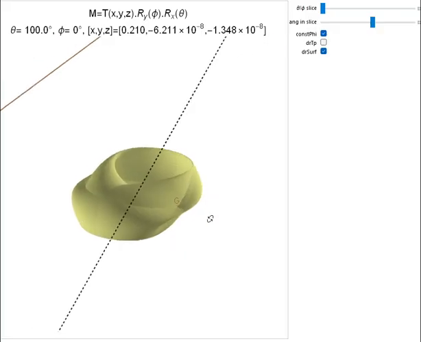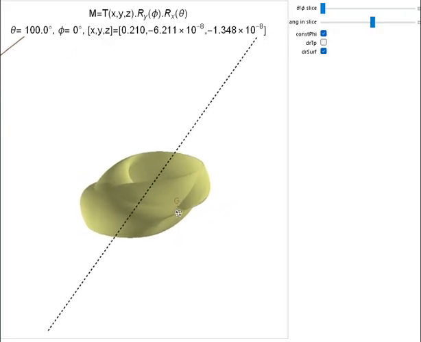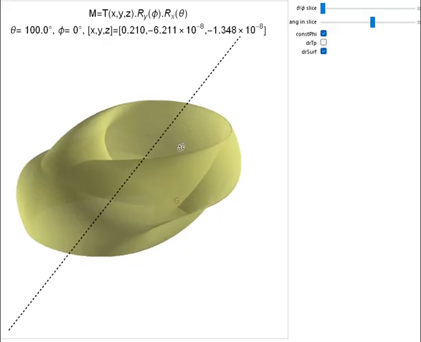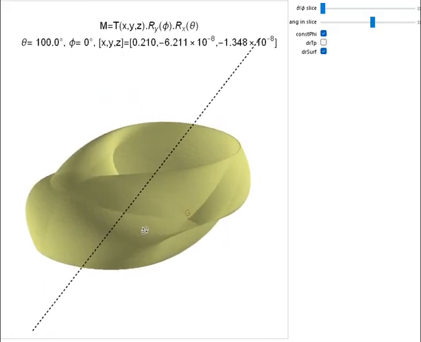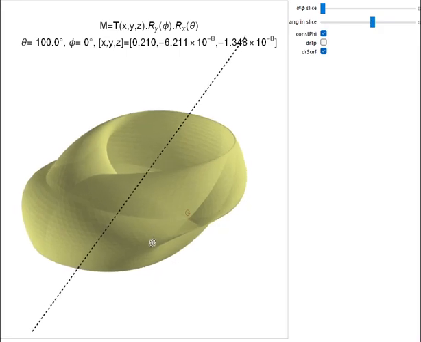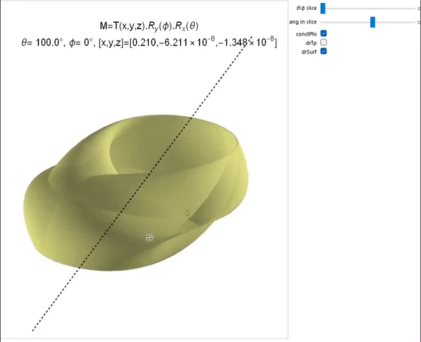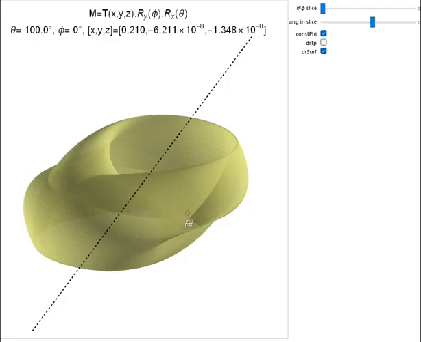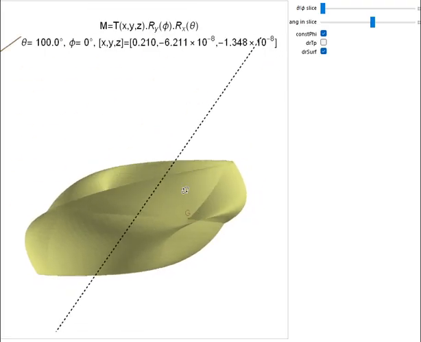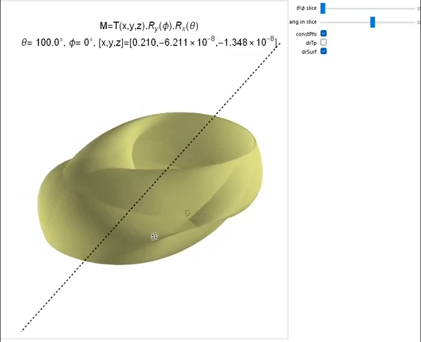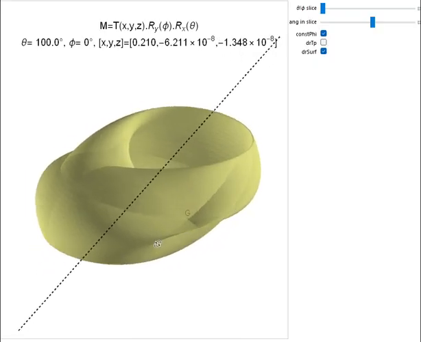Let me go ahead and turn off the display of the translated and rotated tetrahedron and just focus on the surface. You can see that it's self-intersected. You can see that the G of the original tetrahedron lies at what seems like a crease or some sort of singularity of the surface.